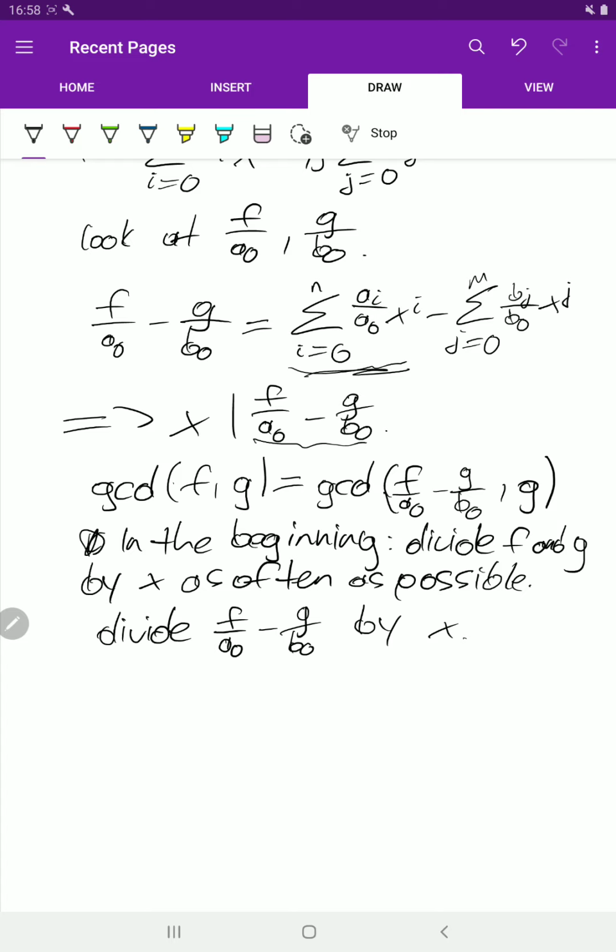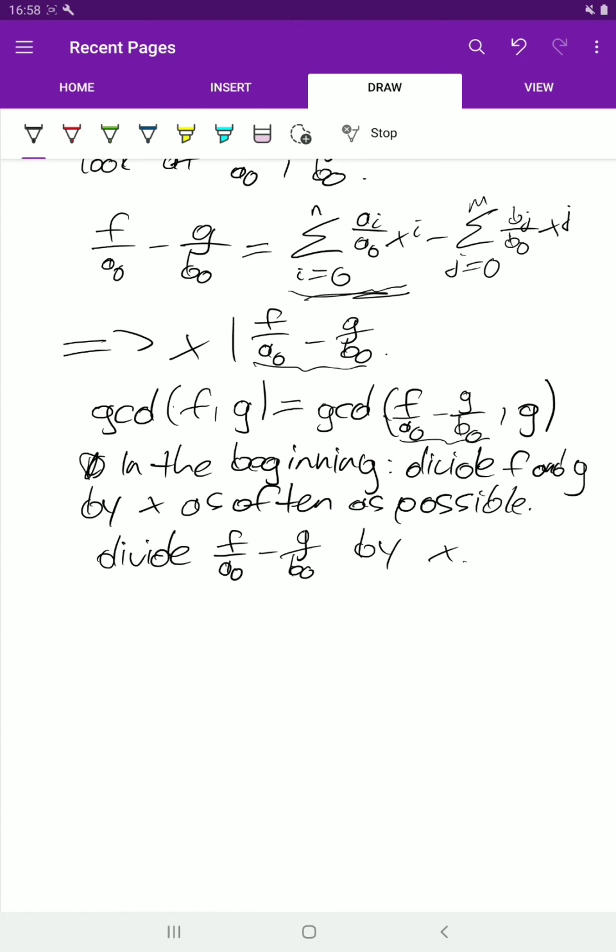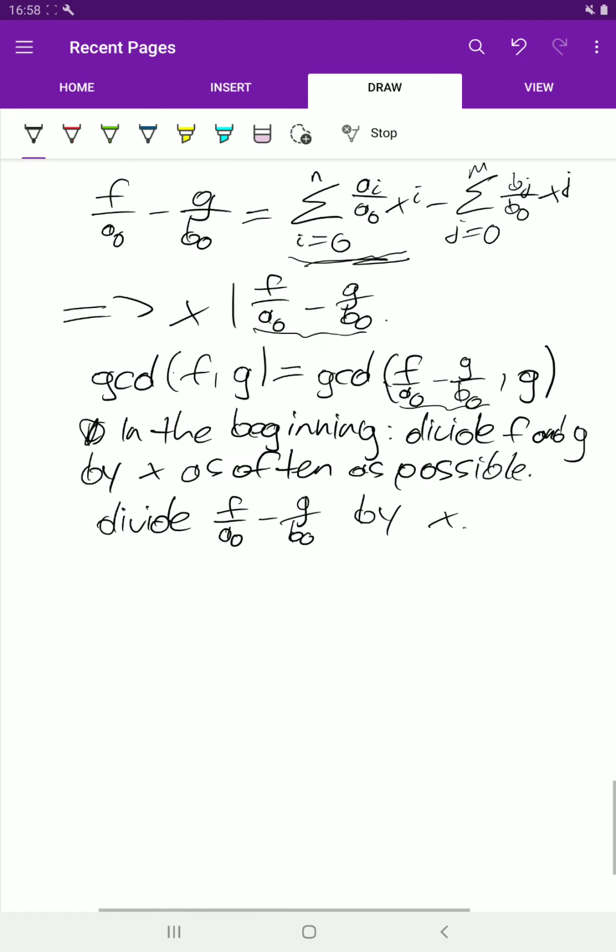And now if we divide by x, then certainly the degree of this thing gets smaller, and so after some finite steps, this algorithm will terminate. So that's good, so we can use this algorithm also.